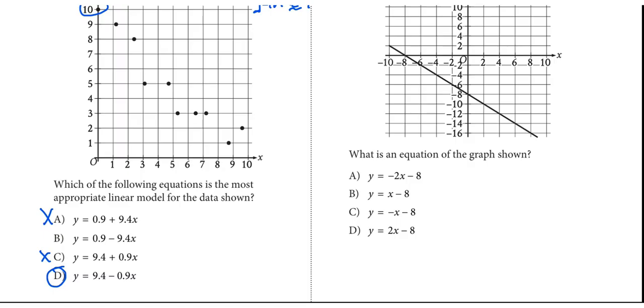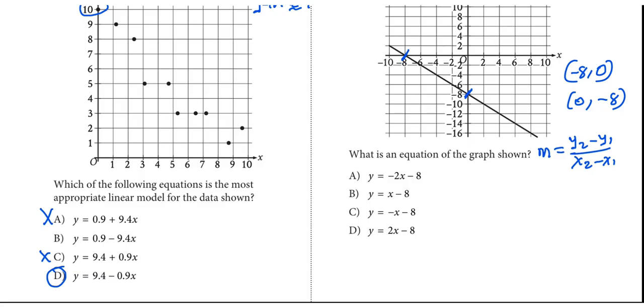Okay, so first of all, we need to identify 2 points. The y-intercept is at this point here, and the x-intercept is at this point. So the x-intercept is at (-8, 0), while the y-intercept is at (0, -8). So with these 2 points, we can find the slope. Remember, the slope is simply y2 minus y1 over x2 minus x1.